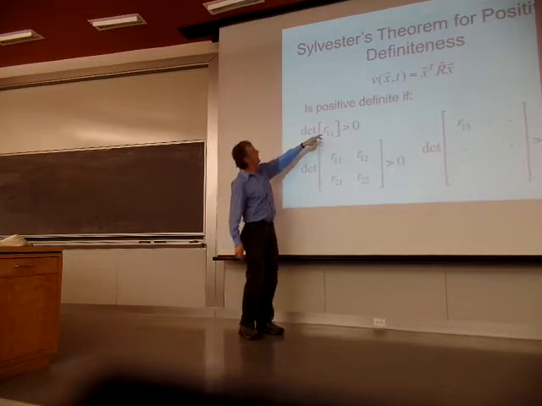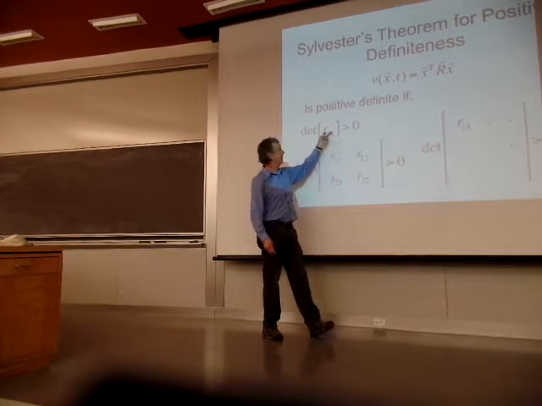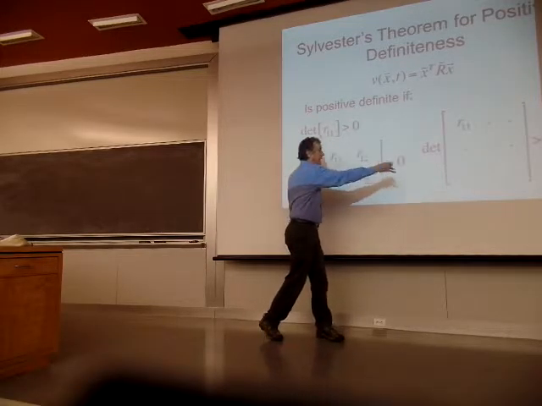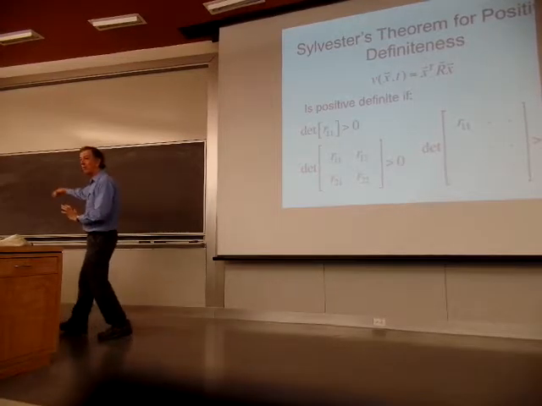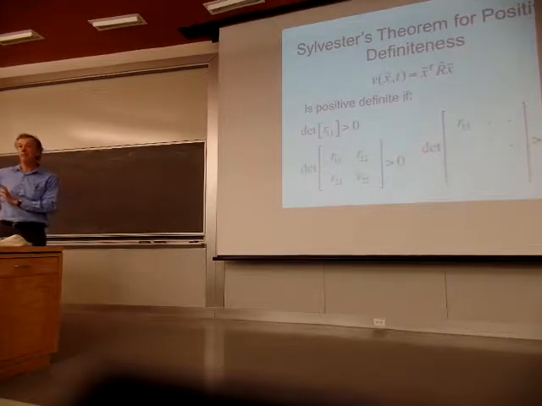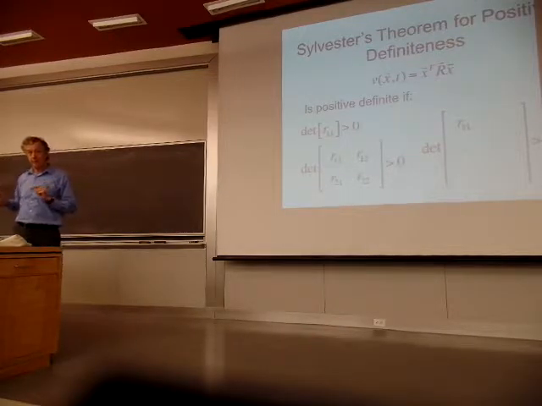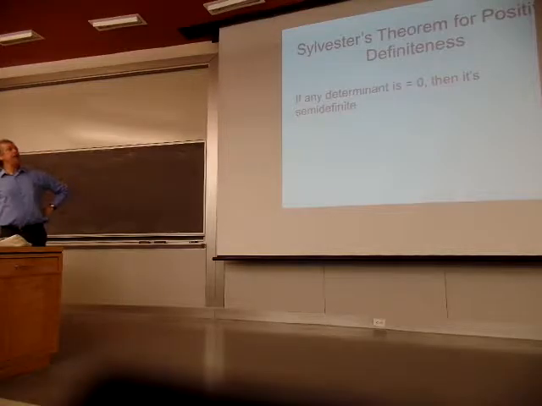But Sylvester's theorem says you can check for positive definiteness if you go through this procedure of checking each, expanding out 1 by 1, 2 by 2, 3 by 3, 4 by 4, whatever. Check each one of those to be determined to be positive. Then it's positive definite. If any of the determinants is 0, then it's semi-definite.